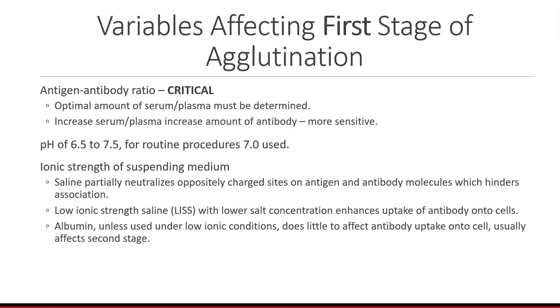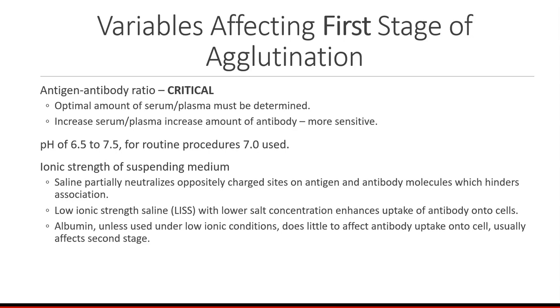If you increase the serum plasma, you will increase the amount of antibody present, so it's more sensitive. Many tests have been done to determine the optimal quantity of serum or plasma to use in a blood bank test. pH of 6.5 to 7.5 is what we're looking for.